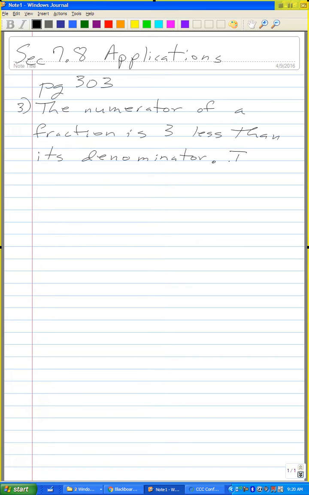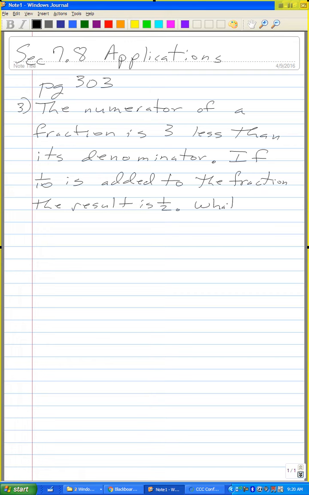If 1/10 is added to the fraction, the result is 1/2. What is the fraction?